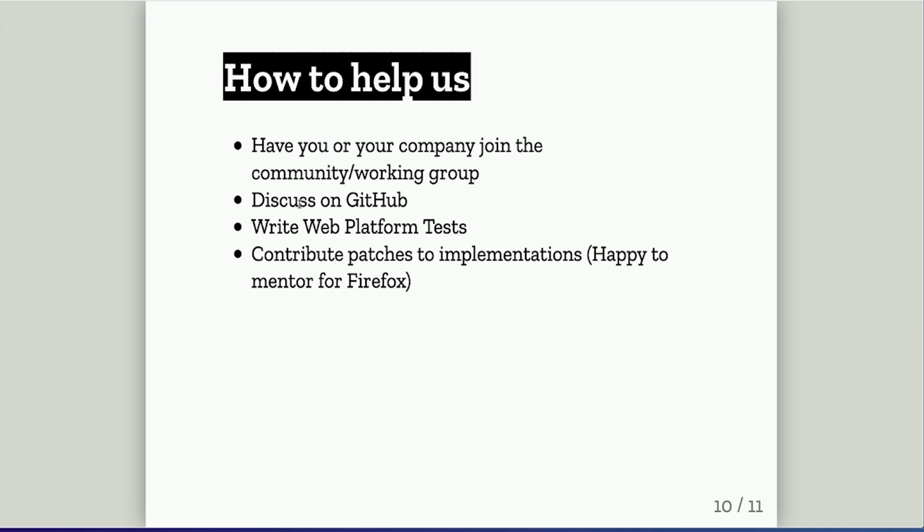And we can discuss on GitHub, so any change on any spec is just a GitHub issue tracker. Just come in with your GitHub account and tell us what we did wrong, and write web platform tests if you're really into that. So it's tests that run in every web browser and check that they are compatible with each other. That's very, very useful.